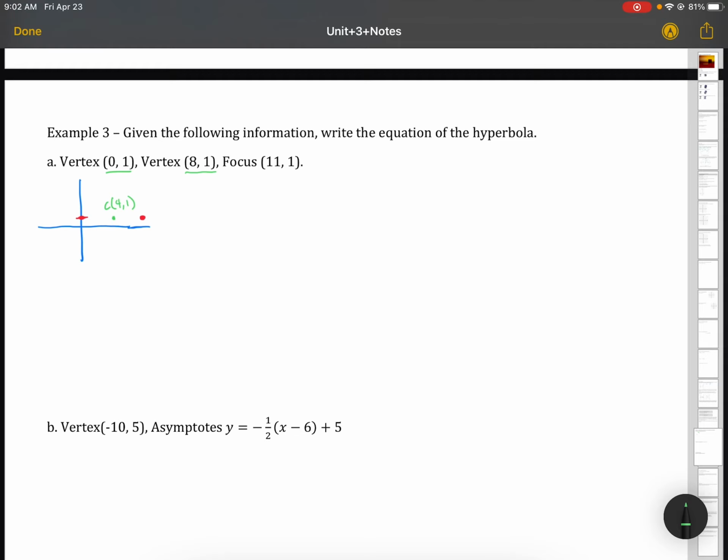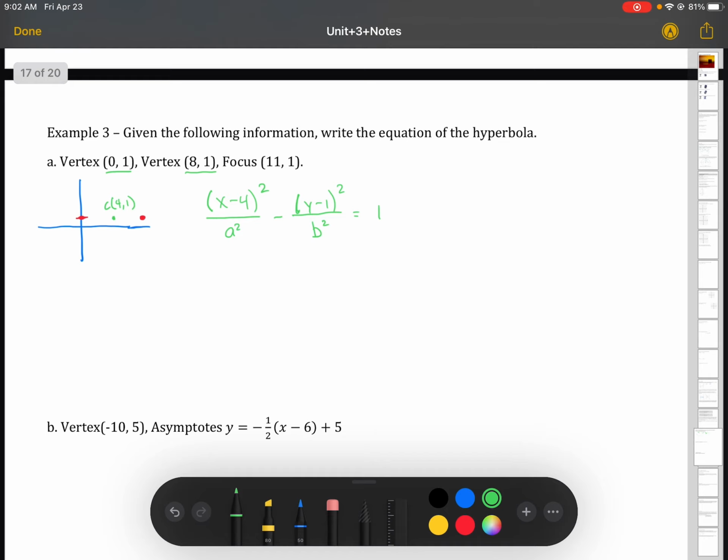So that means that x comes first. So we have x minus 4 squared divided by a squared minus y minus 1 squared divided by b squared is equal to 1.